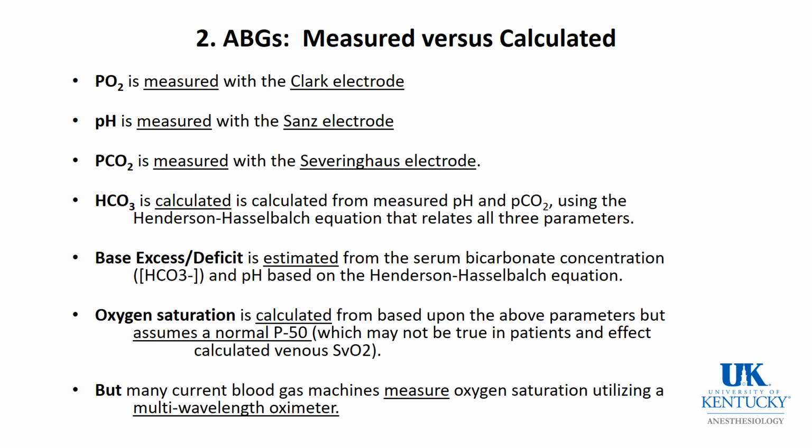Now, most modern blood gas machines have a separate multi-wavelength oximeter, which actually measures saturation. And in the report that you get printed out, it'll show that it's measured rather than calculated. If it's only calculated, then it'll just say calculated.